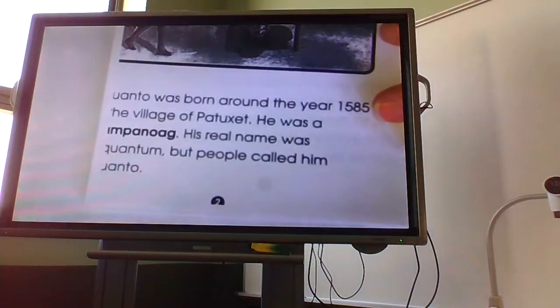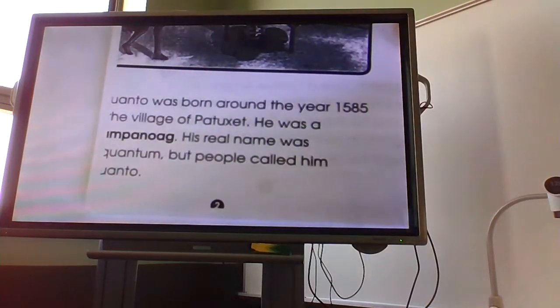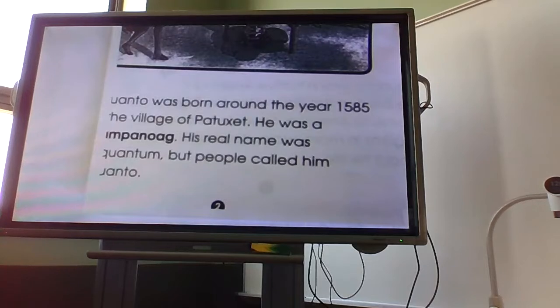It says, Squanto was born around the year 1585 in the village of Patuxet. He was a Wampanoag. His real name started with a T, Tisquantum, I think, but people called him Squanto. Well, we need to figure out what we can write.